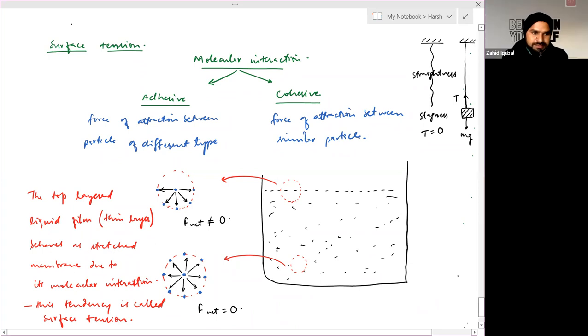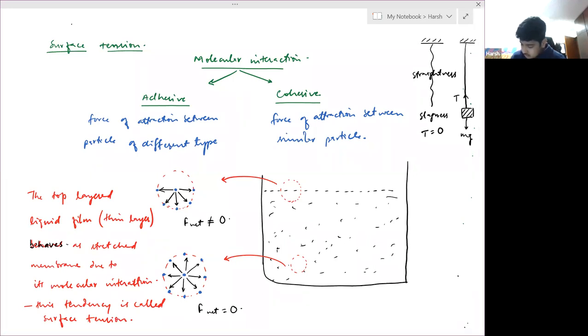Behaves as a stretched membrane. Oh, behaves as stretched. Done, sir.